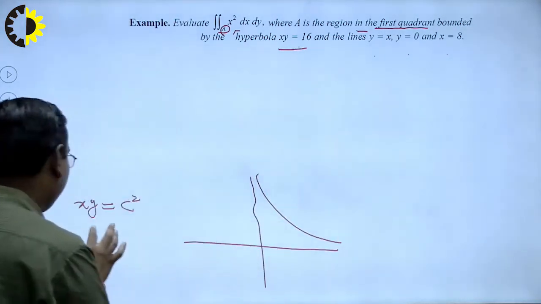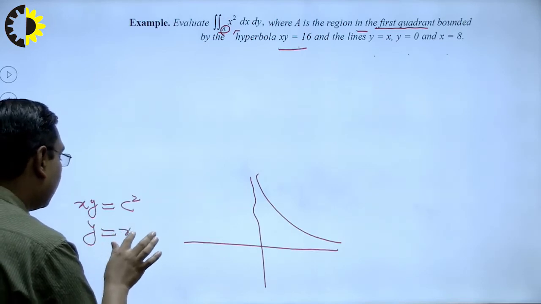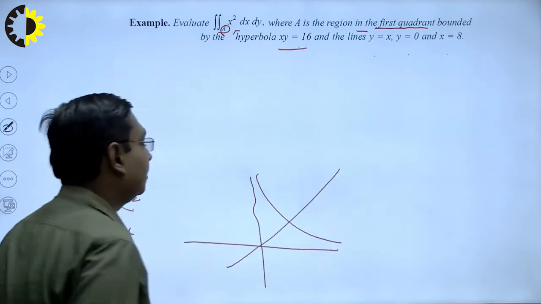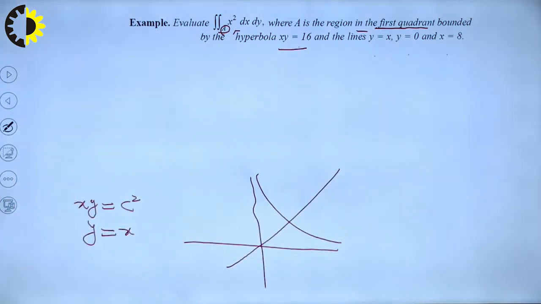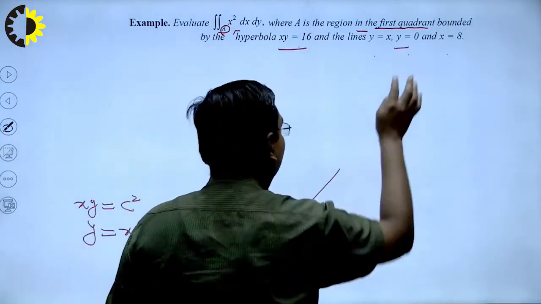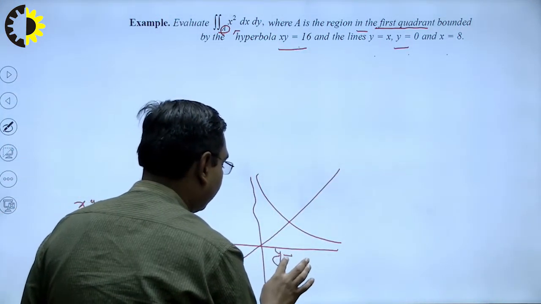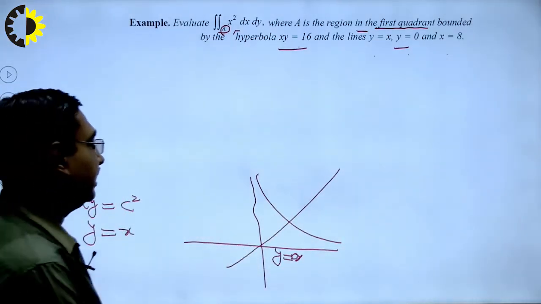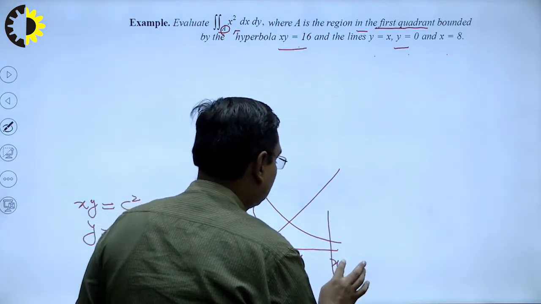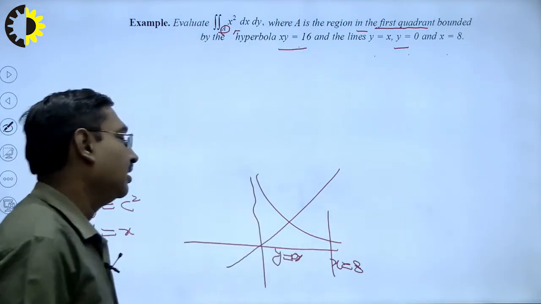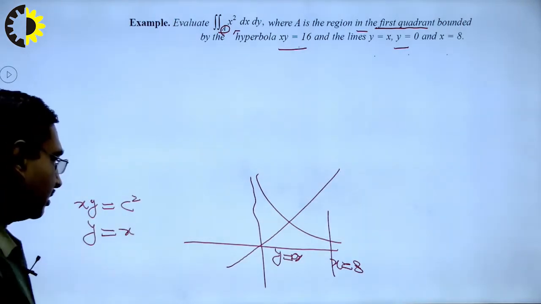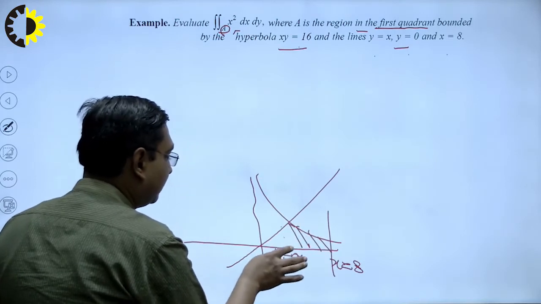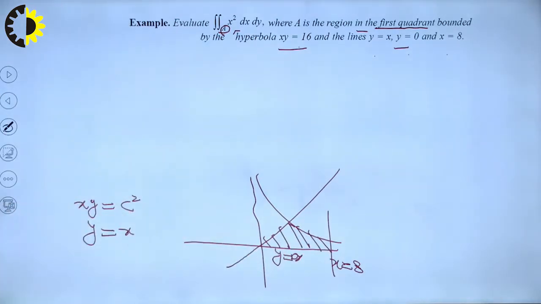The second curve is y equal to x, a straight line passing through the origin and having slope 1. y equal to 0 is the equation of the x axis, and x equal to 8 is a line parallel to the y axis. The region bounded by all these curves will be this region, which is our region of integration.